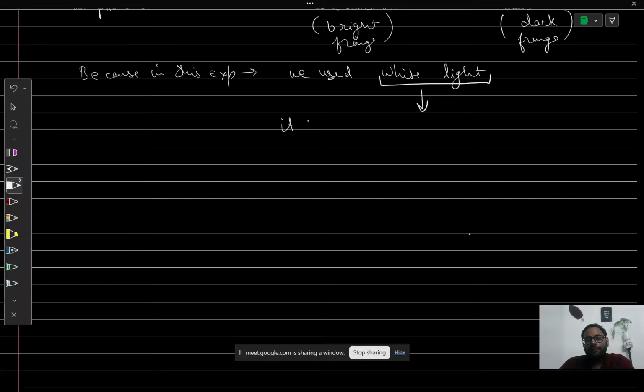What does it allow? It gives us a wide range of wavelengths, because you can have all wavelengths of the electromagnetic spectrum.